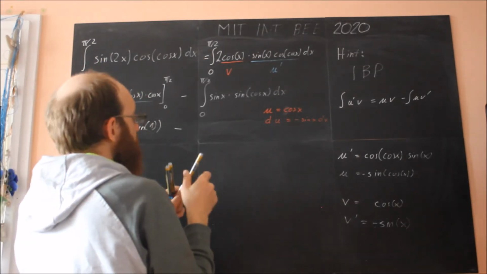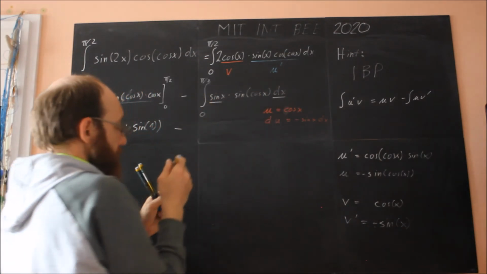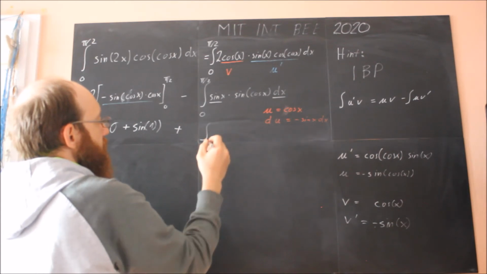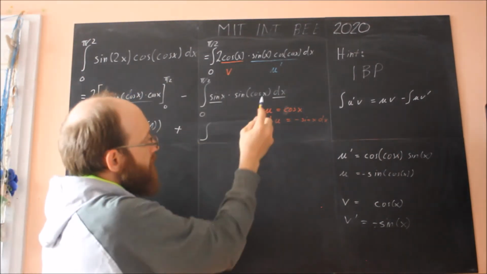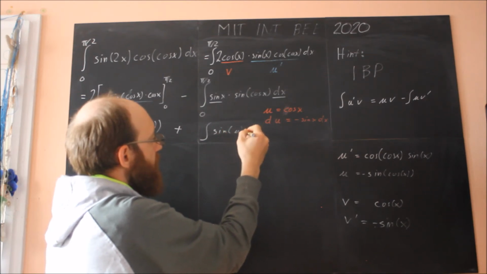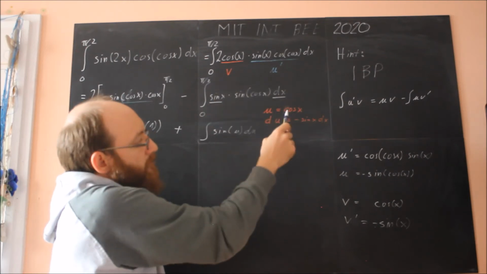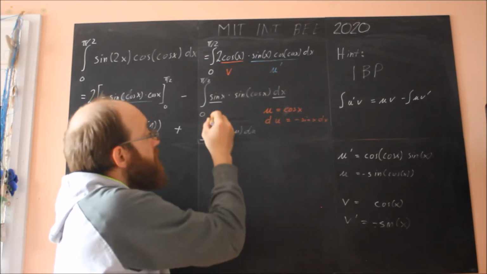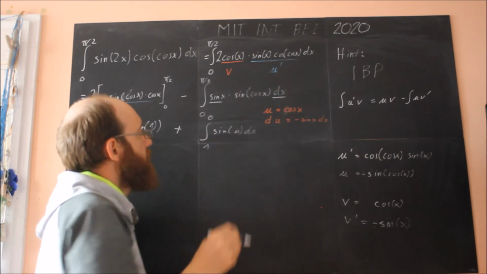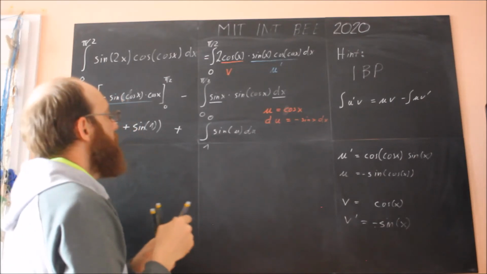So we have sine x dx and a minus, so this becomes the integral of sine of u du. For the boundaries, the upper bound cosine pi over 2 is 0 and cosine 0 is 1, so the integral from 1 to 0 of sine u du.